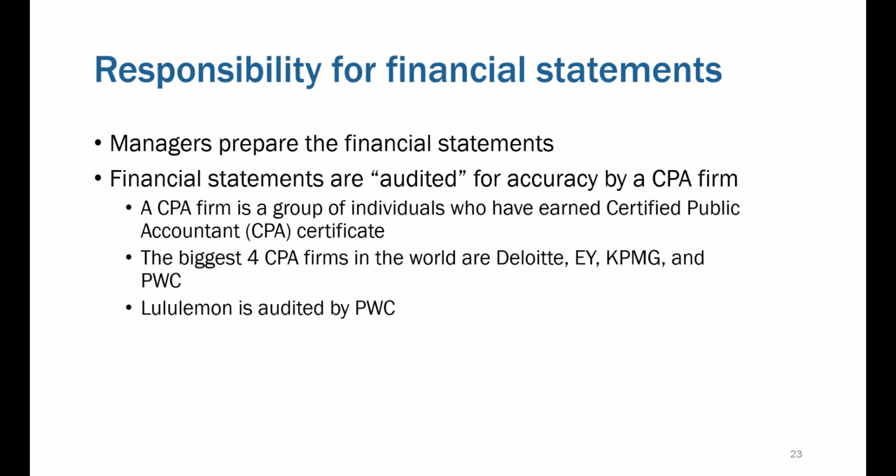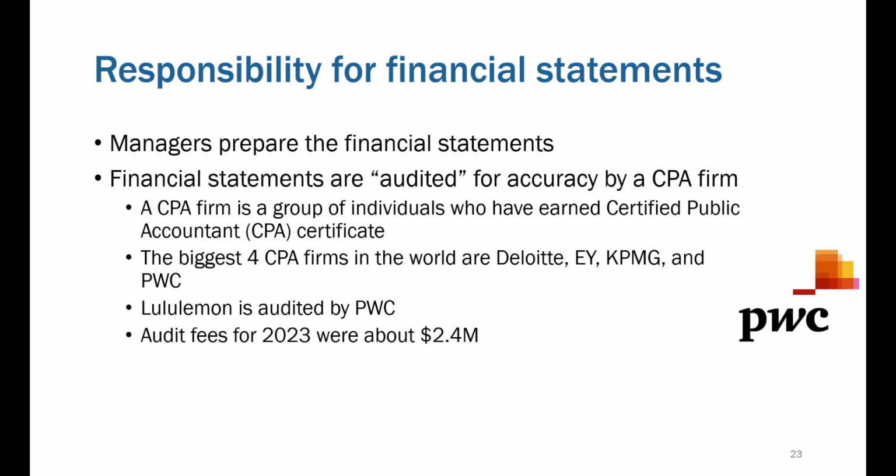The 4 biggest firms in the world are Deloitte, EY, KPMG, and PwC. Those 4 firms are going to audit most of the big companies that you see, although there's thousands of CPA firms across America. Lululemon is audited by PwC, and they actually pay PwC.